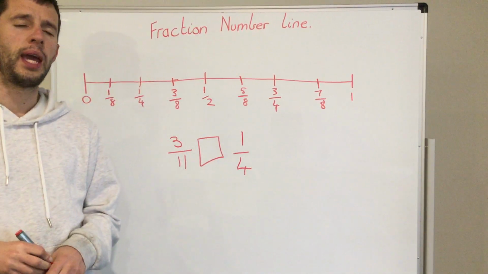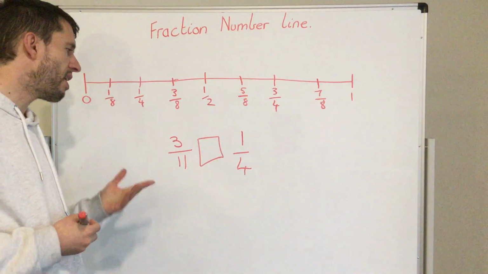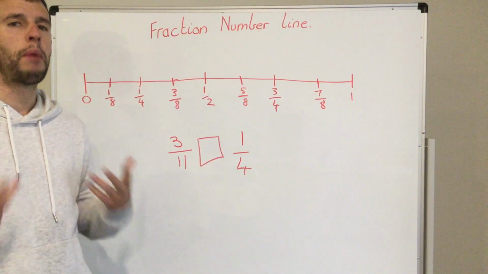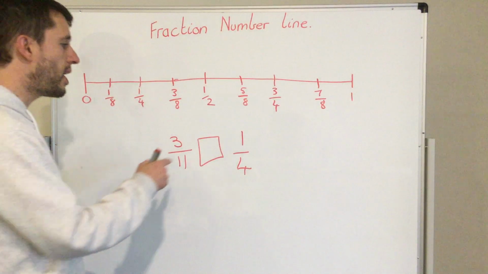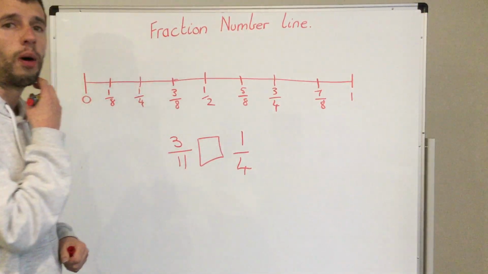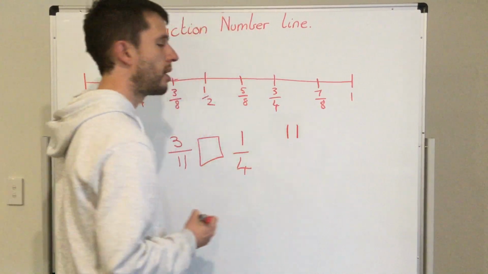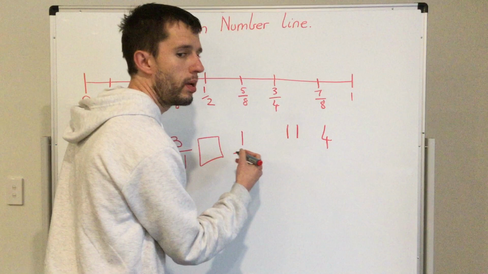For us to compare, our pieces need to be the same size. Are they the same size at the moment? No. So we need to make them the same size. To do that, we need to make our denominators the same. So we need to skip count and think about what is the same, the lowest common multiple.